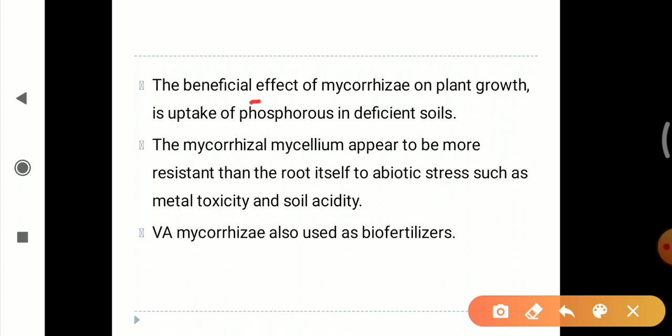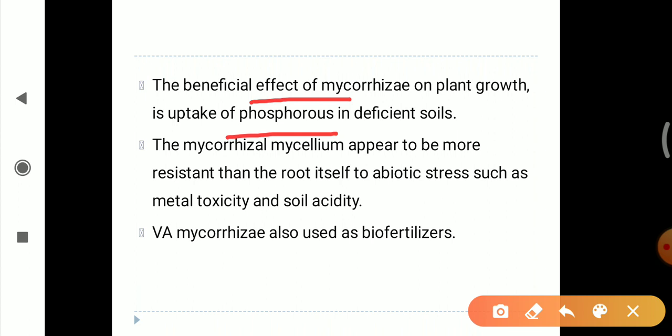The beneficial effect of mycorrhizae on plant growth is uptake of phosphorus in deficient soil. VA mycorrhiza mostly helps to take up the phosphorus present in the soil. As we know, most of the phosphorus in the soil is in bound form, bound within other minerals and ions, so it becomes insoluble and inactive for the plants to take.